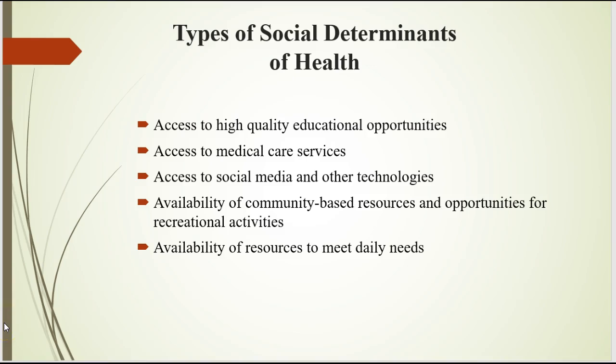Now, when we're talking about access to medical care services, individuals who don't live close to medical care providers, like primary care doctors or clinics or hospitals, are less likely, obviously, to see a physician regularly and will often only seek care in emergencies, leading to the overuse of emergency departments.